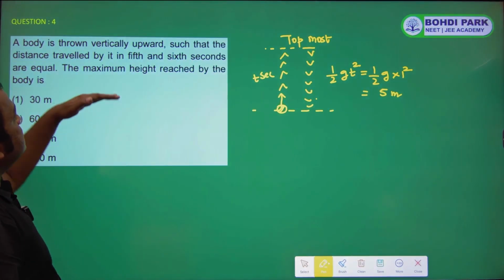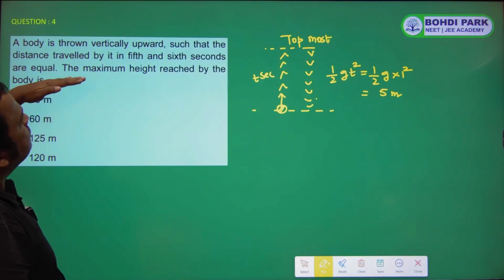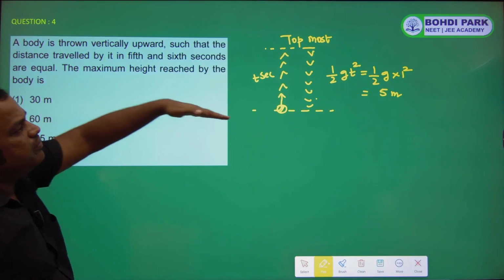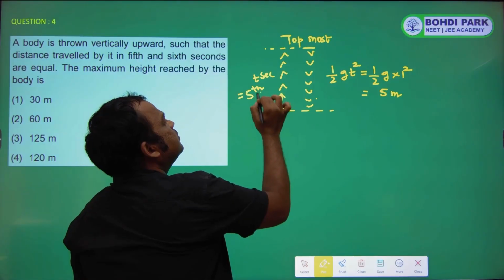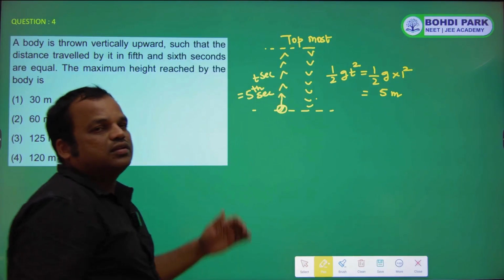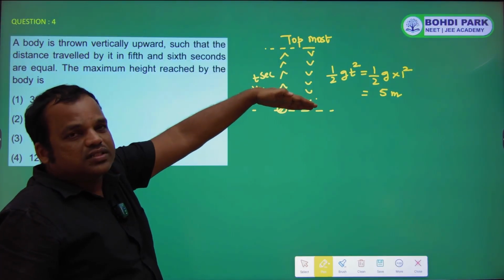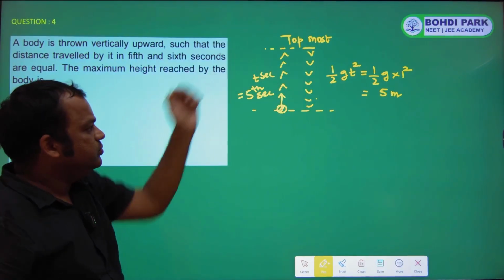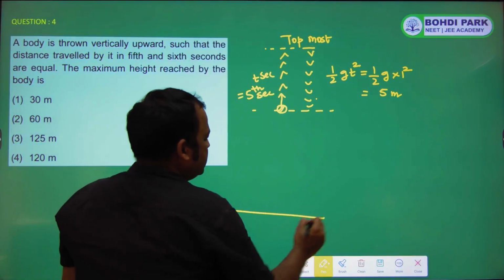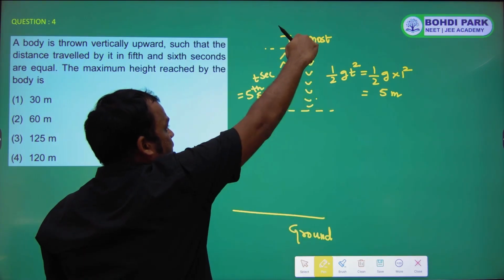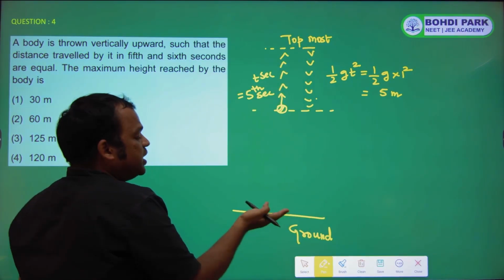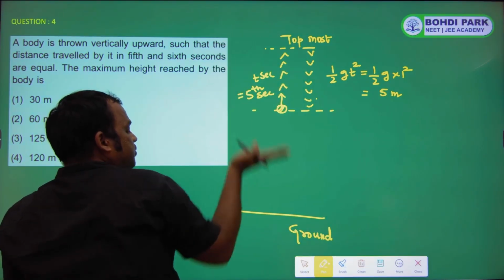So in 5th second, the distance covered is 5 meter. In 6th second also the distance covered is 5 meter. So how much time it is taking to reach the ground from topmost point, or how much time it is taking to reach the top from the ground?